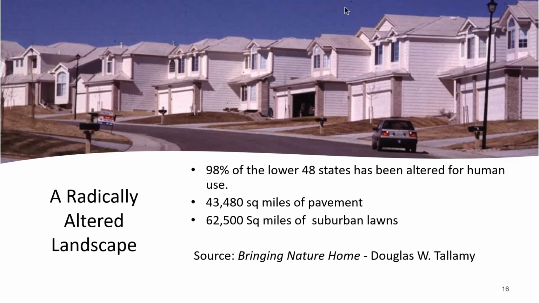Again, these are some statistics from Doug Tallamy. 98% of the lower 48 states has been altered for human use. 43,480 square miles are covered by pavement. So obviously there's no biodiversity there. It's just a dead zone. And then we have 62,500 square miles of suburban lawns.